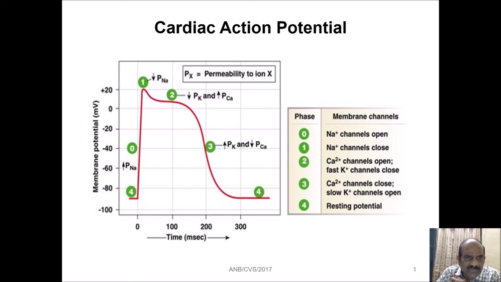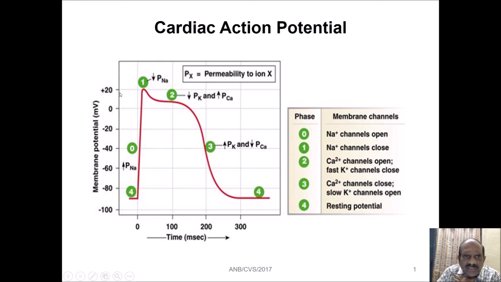When a stimulus is applied, you will find phase 0, the phase of depolarization, and due to the influx of sodium ions there occurs depolarization.